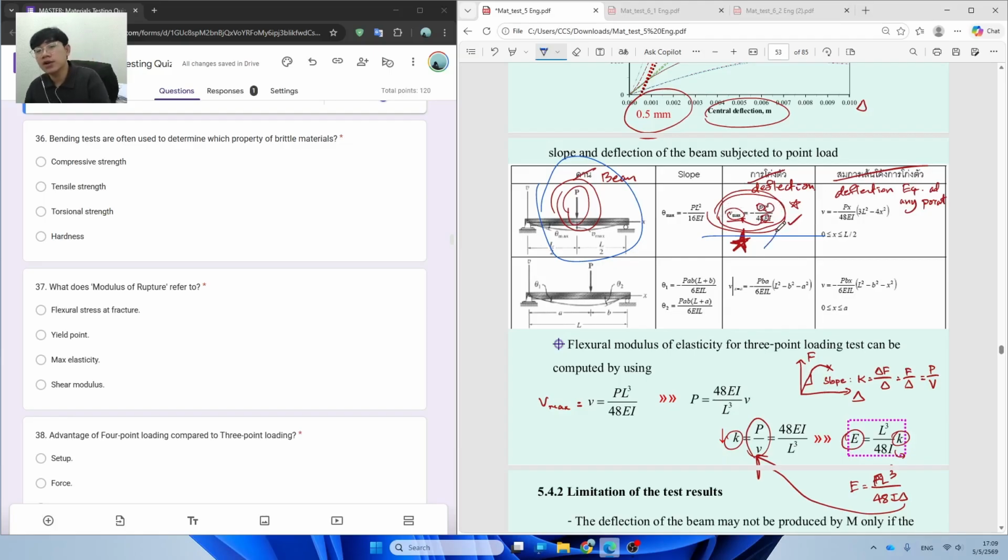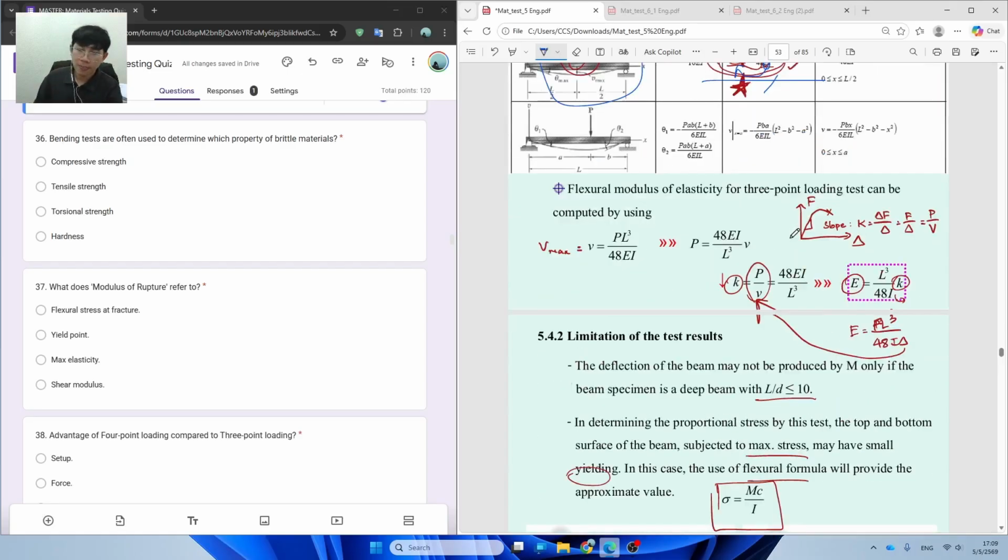I'm going to use this equation to let you find the parameters that I consider. For example, if I would like to find E, I may tell you what the maximum deflection is, what P is, what L is, what I is, and then you can relocate the parameters in order to find E for me.